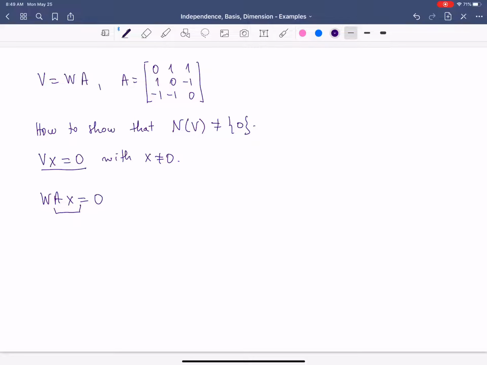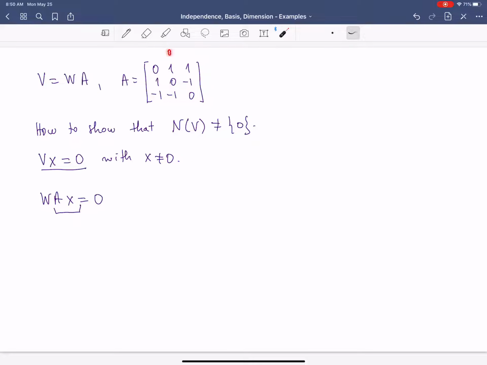What is that X? So how can I find an X in the null space? How could we combine? Well, just by observation, the coefficients of the second and third column have to be 1 and negative 1, right? Because I need this one and this one to cancel out when I add them up.